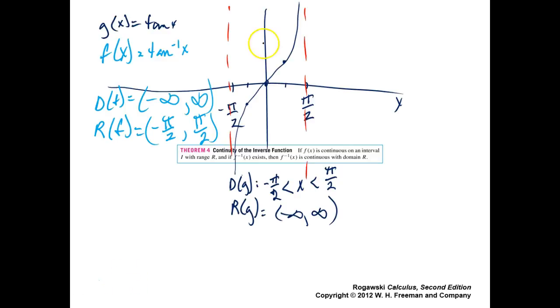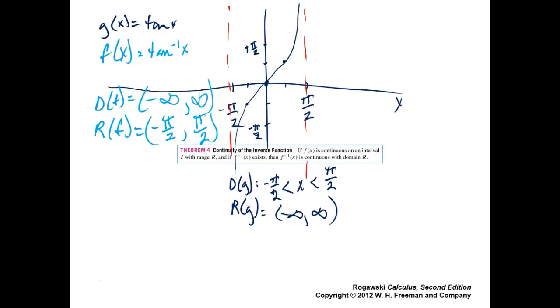yeah, what I was going to do here is tick in my minus pi halves here. I'm sorry, that's positive pi halves, minus pi halves here.